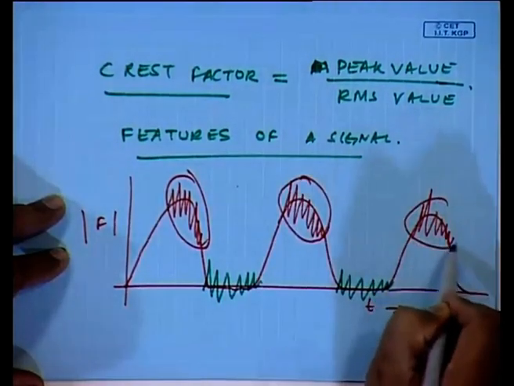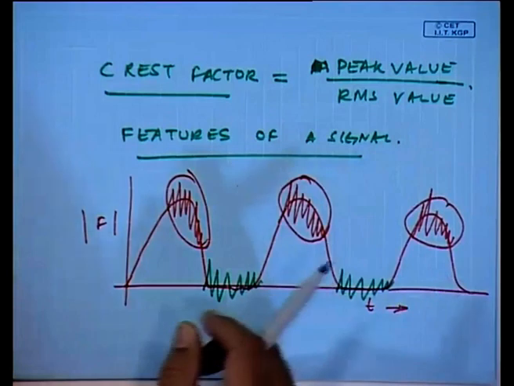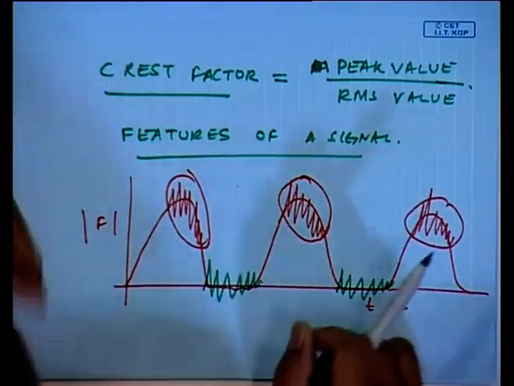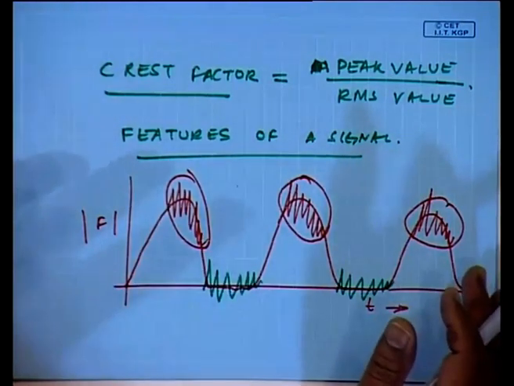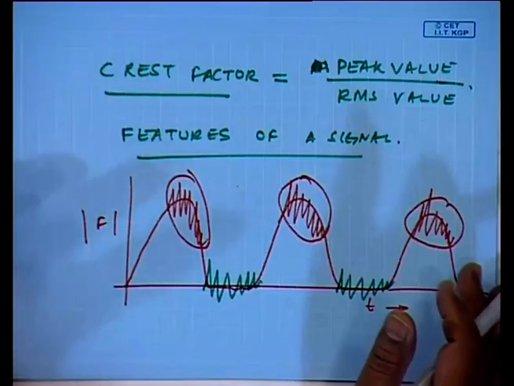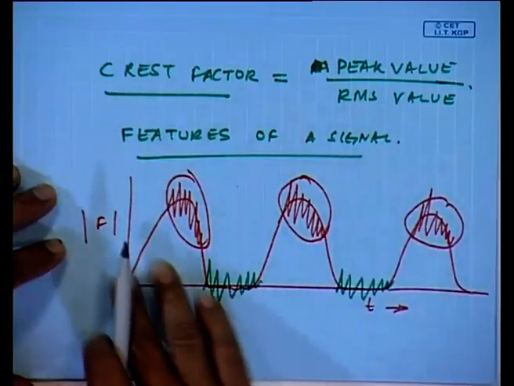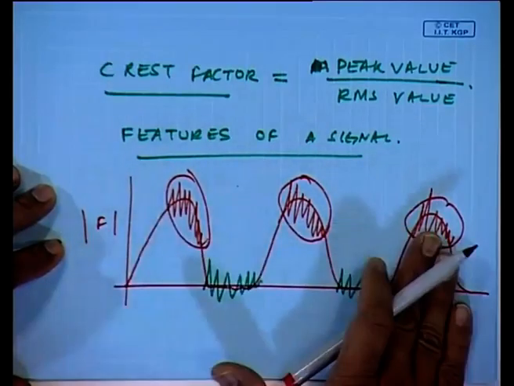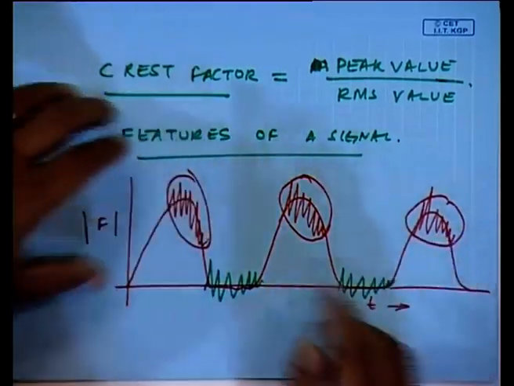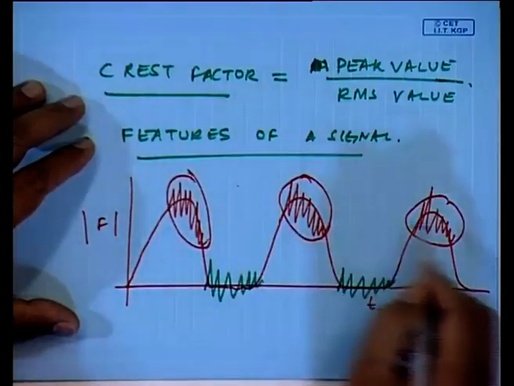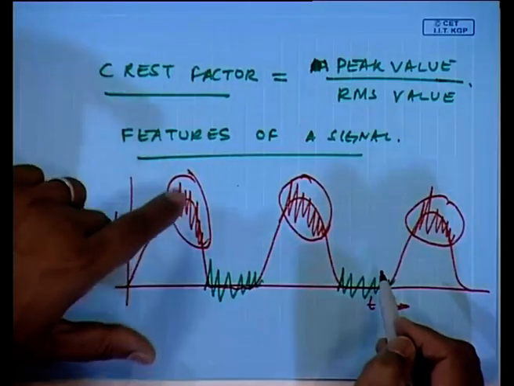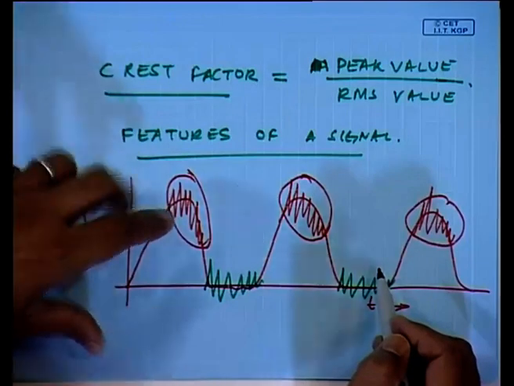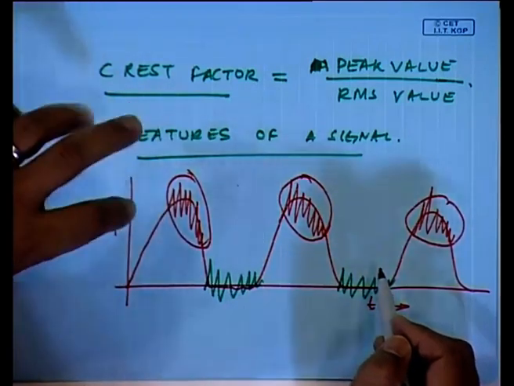Okay. So, an analyst will make an intuitive guess as to, well, I need not look into the entire signal, I need not find out the RMS value or the mean value of the entire signal, but let me focus my attention only to this area which I have encircled, because this represents the true phenomena while that milling operation is going on.